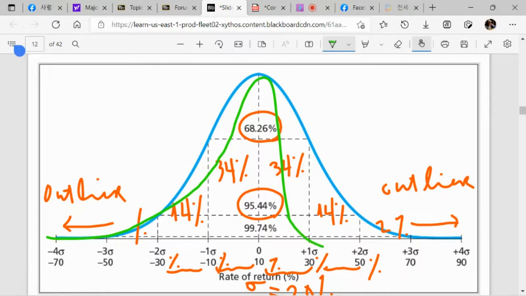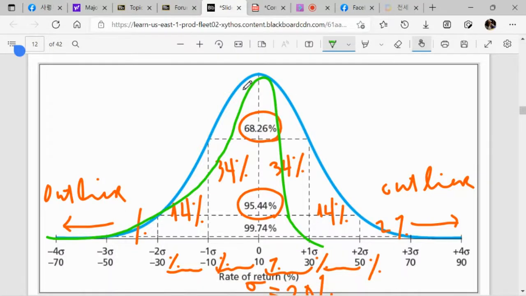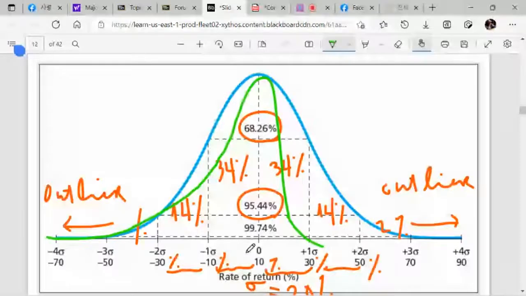Our scenario may be more like this. So in other words, nothing guarantees that our scenario would exhibit perfectly normal distribution properties. So we need to check if our scenario is like this or if it is not like this.